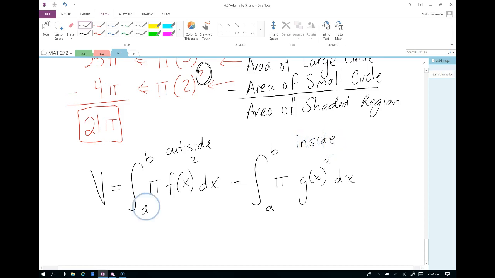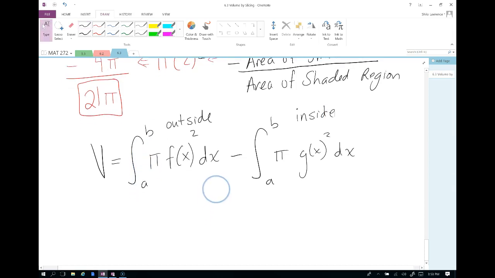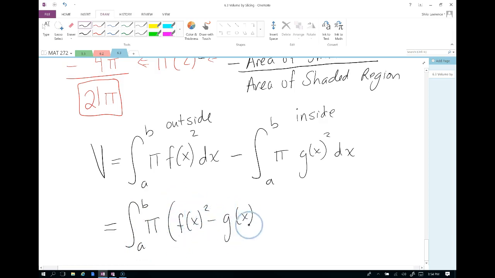But because these two integrals have the exact same boundaries from a to b, we can really just include them in one integration. We can say this is the integral from a to b of pi times f of x squared minus g of x squared.